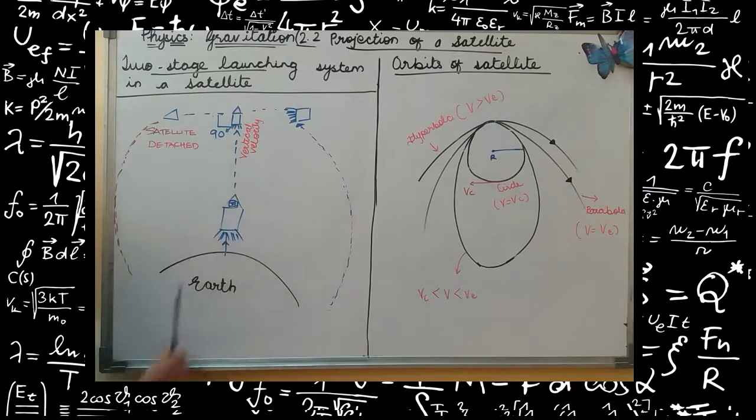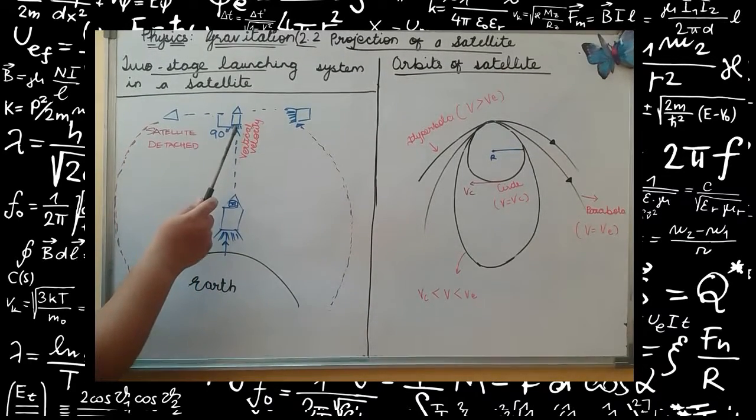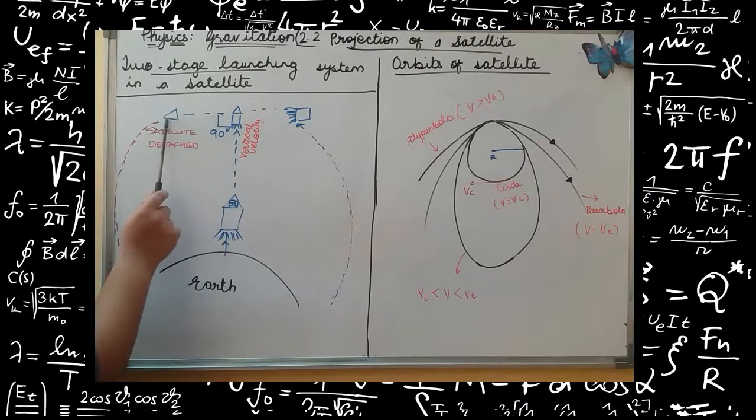Now it is manually monitored, and after reaching a height, when the people who are controlling this rocket think that this height is optimum or appropriate, with the help of remote control, they detach the first part which has the satellite in it and rotate it at a 90-degree angle. So here the satellite starts revolving around the earth.